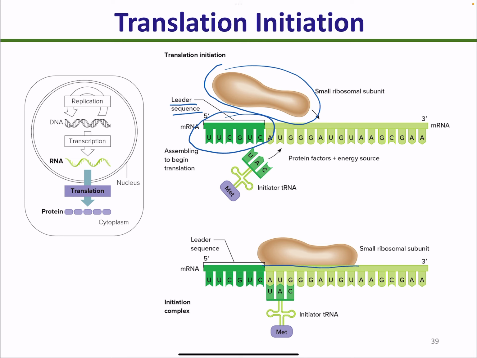The initiator tRNA that carries methionine is going to bring the anticodon to AUG. That binding is what is going to trigger the attraction of the large ribosomal subunit to come and attach here. And elongation is going to occur.